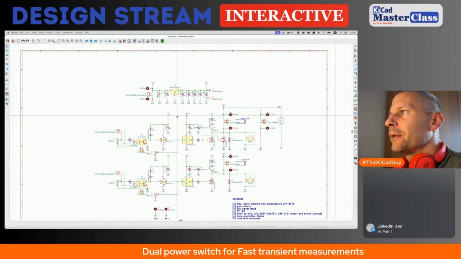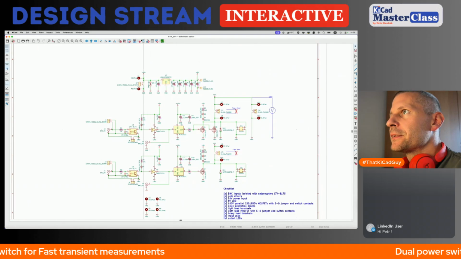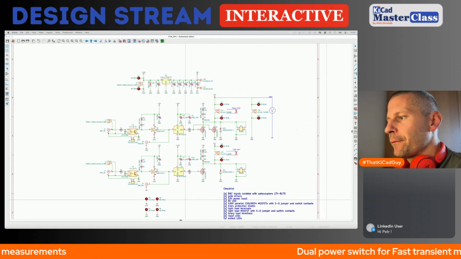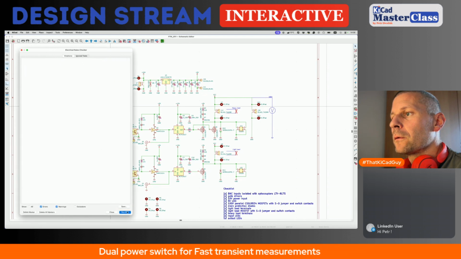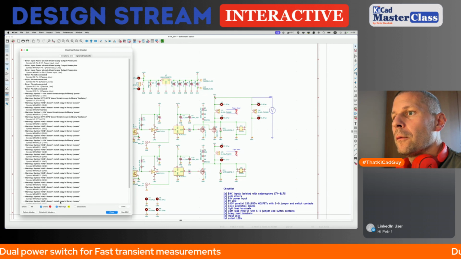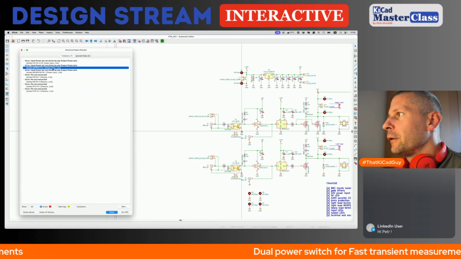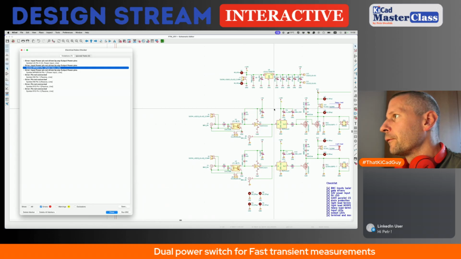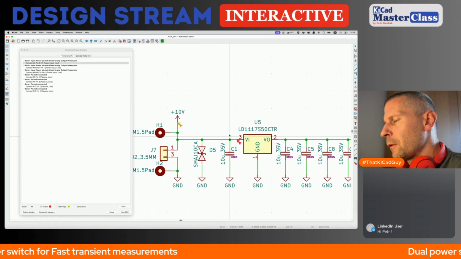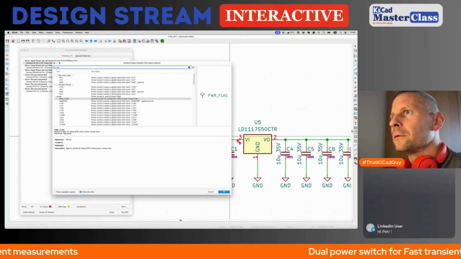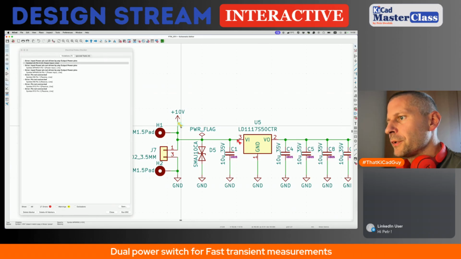Let's annotate the schematic as is, and let's see the ERC. Many findings. Let's start with errors. Yeah, we have to add some power flags. What's this?